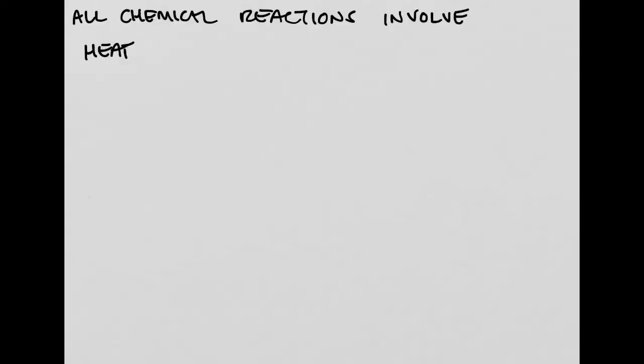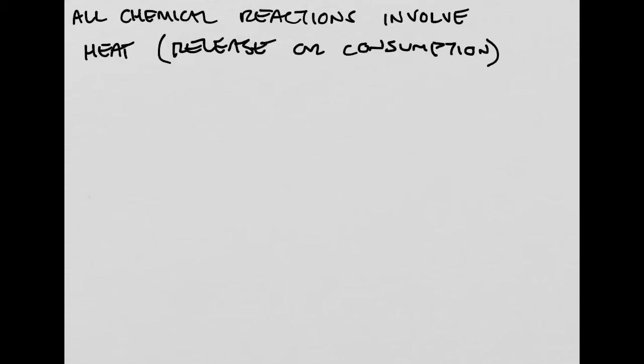Okay, here's the next thing I want to make sure we understand, and it's something I mentioned just moments ago. All chemical reactions involve heat. Now, this heat actually could either be a release or a consumption of that heat energy. And in fact, if it's a release of heat energy, then we refer to that whole reaction as being exothermic.